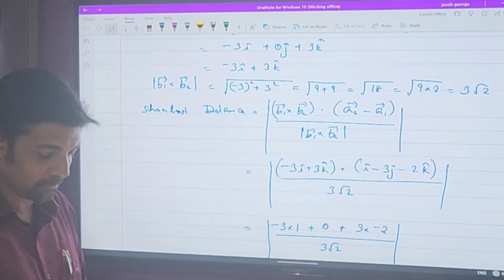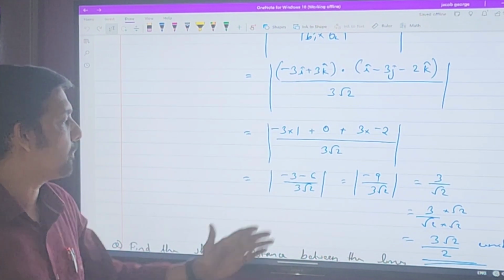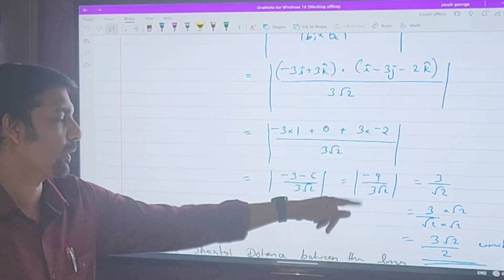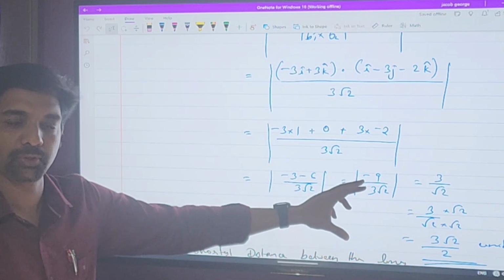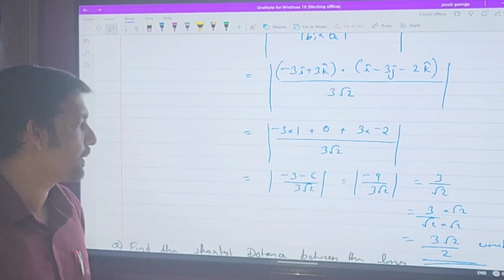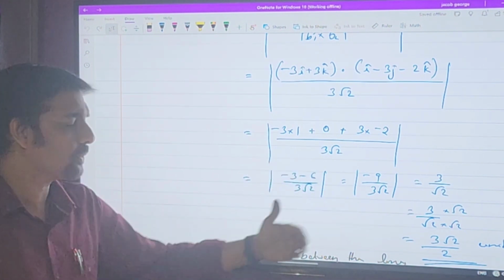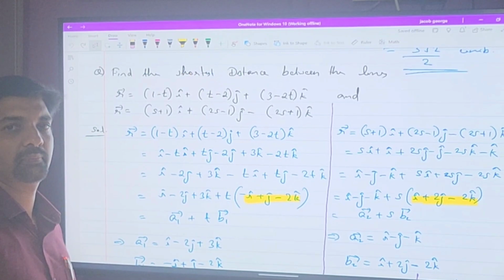When you simplify, we get modulus of minus 9 by 3 root 2, or 3 by root 2. Modulus will convert it into a positive quantity, and the answer is 3 by root 2. When you rationalize the denominator, we get 3 root 2 by 2 units.